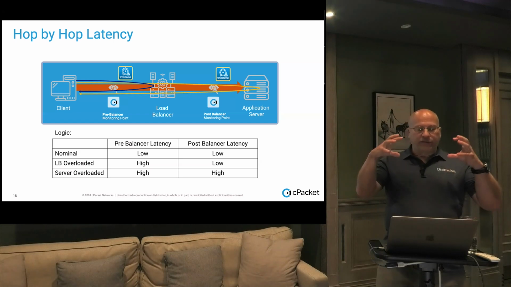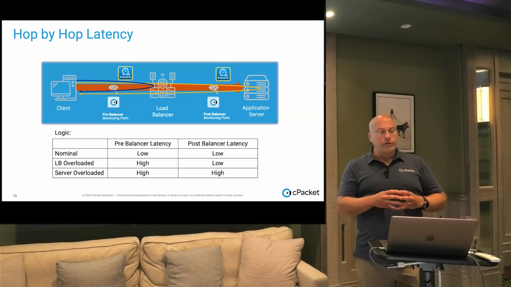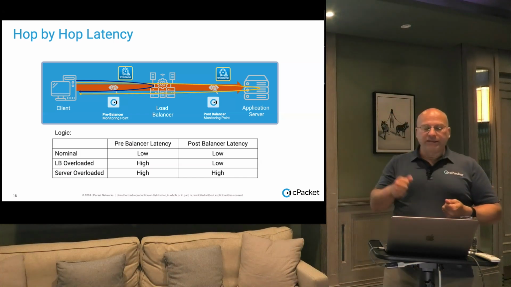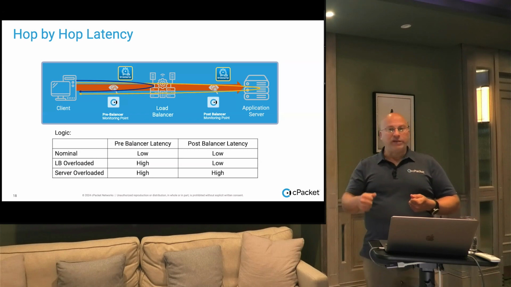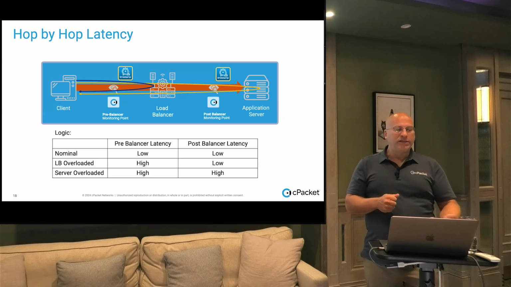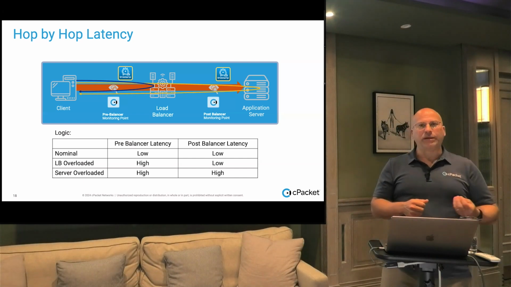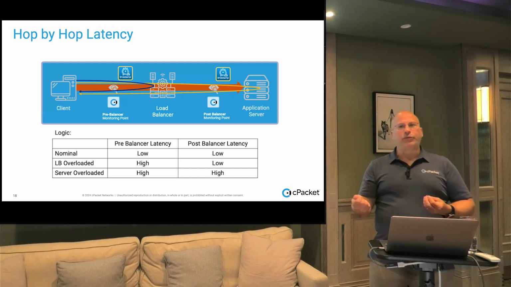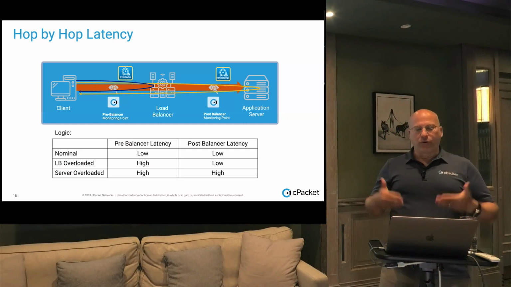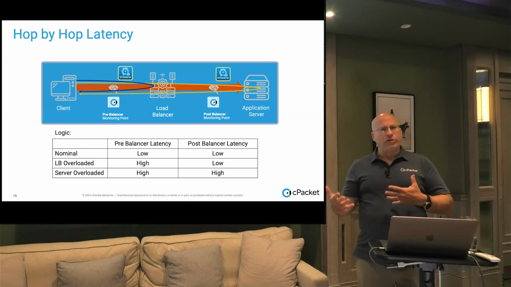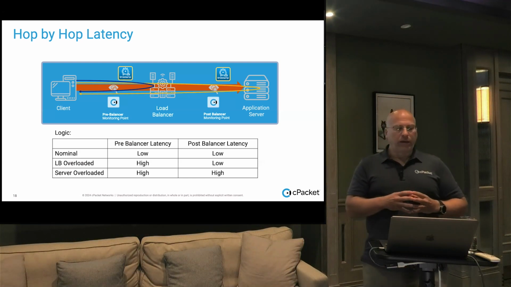In the case that you have a network issue, so the middle box, the load balancer, is getting overloaded, you'll see that the latency between the load balancer and the application server or the trading server remains low, but the latency as measured between the client and the load balancer is all of a sudden getting high. On the other hand, if it was an application issue and not a network issue, both latencies will go up at the same time, which means it's not a network issue, but rather it's an application issue.